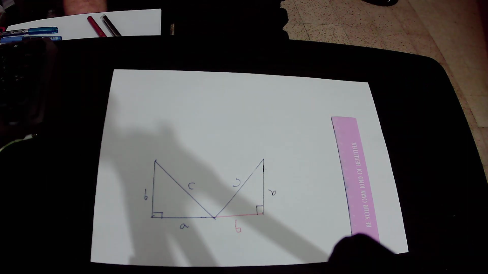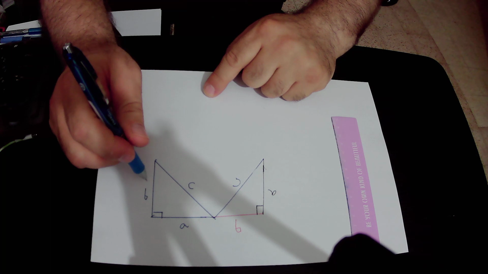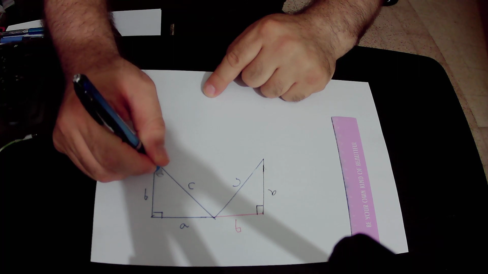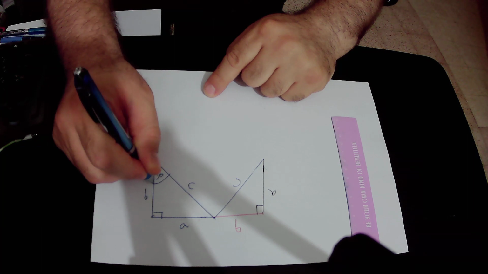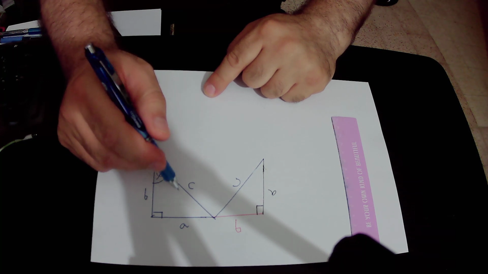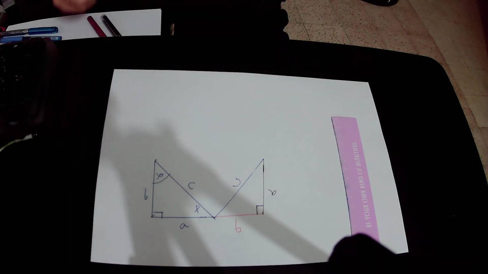Okay, so if we label the angle between side B and side C in the right triangle as alpha, and the angle between side A and side C in the right triangle as x, we know that the sum of the angles in every triangle equals 180 degrees.